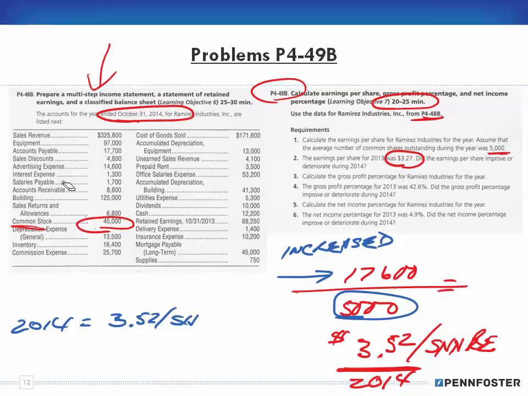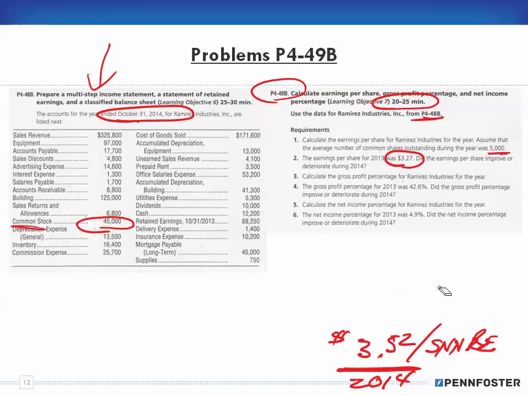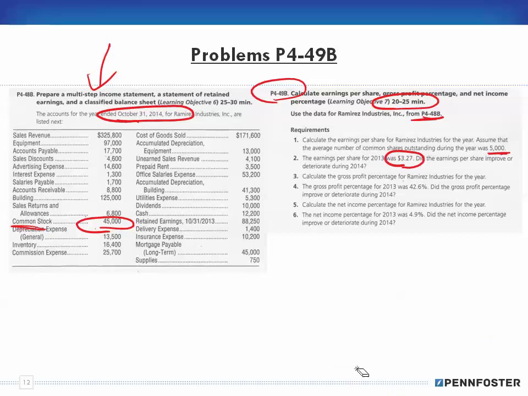But to get any value out of it, you need to be able to compare it against something else. You don't know if this number normally should be $5 per share, or $7 per share, or maybe $1 per share. You don't know that. So the value of these numbers really does come from the ability to compare it against other information, like from a different year, and so on and so forth. Okay, next.